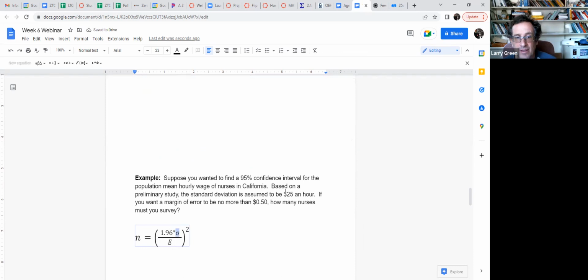Sigma is 25. That's the standard deviation. Divided by E. E stands for margin of error or error. And we want our margin of error to be no more than 50 cents or 0.5. Any questions on that? Have I lost you on any of the math here?